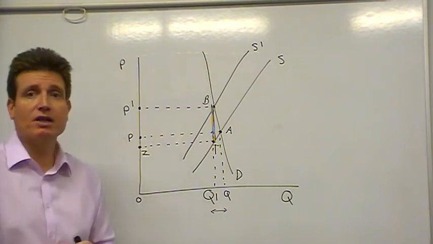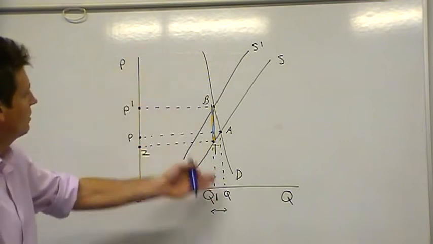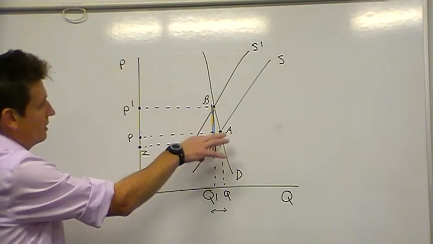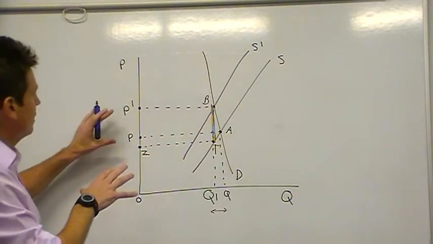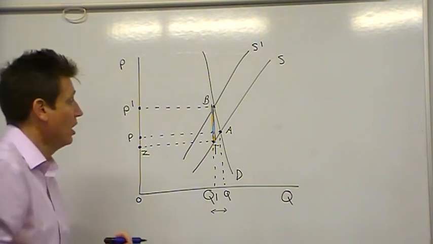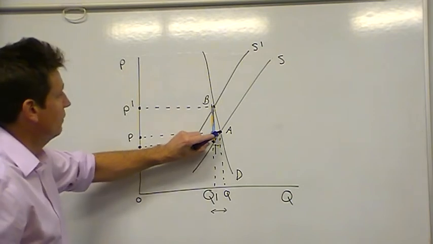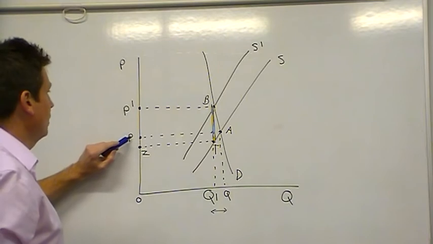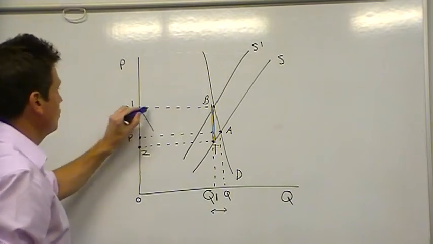Let's have a look at this example with an inelastic demand curve. As we can see with this inelastic demand curve, if we think of the tax as being T to B, quite a lot of the tax is paid by the consumer. The consumer pays the difference between the initial price they were paying, which was at this point P, and the higher price P1 they're now paying.